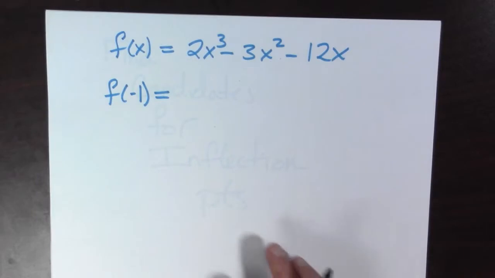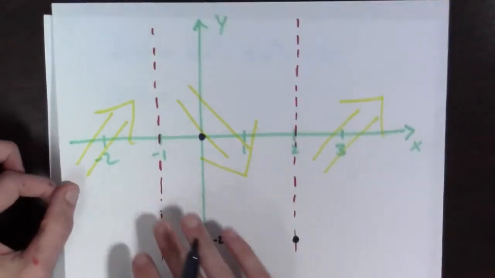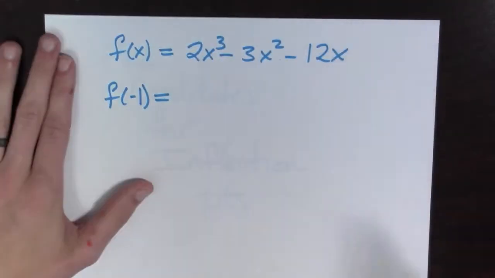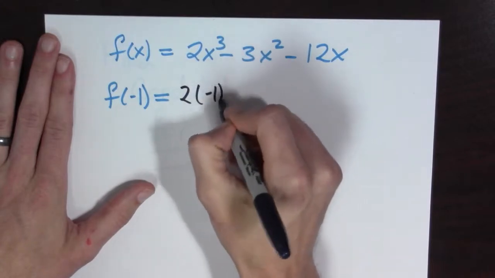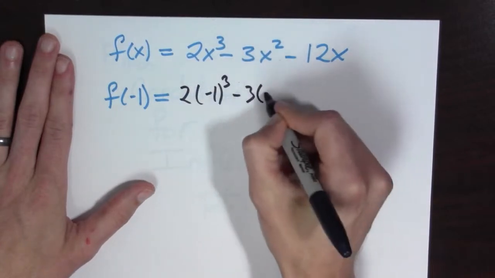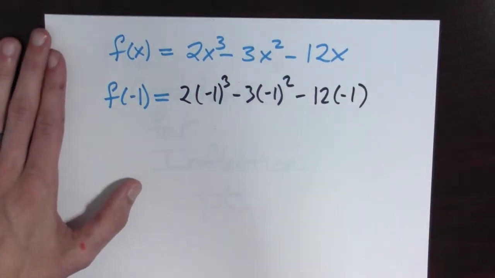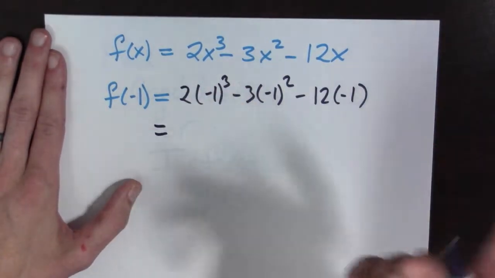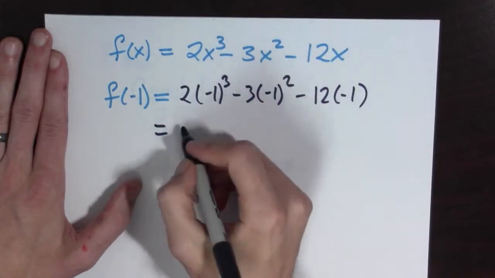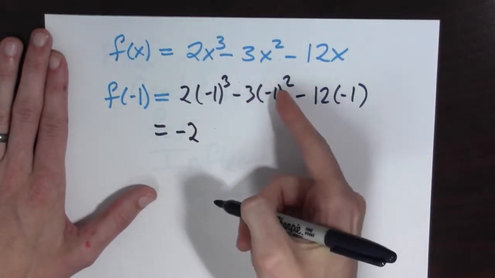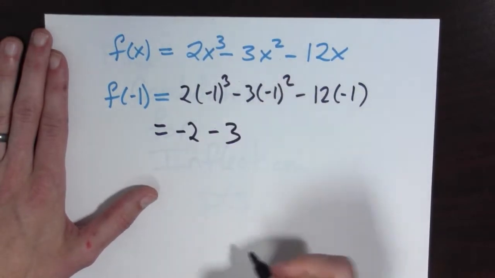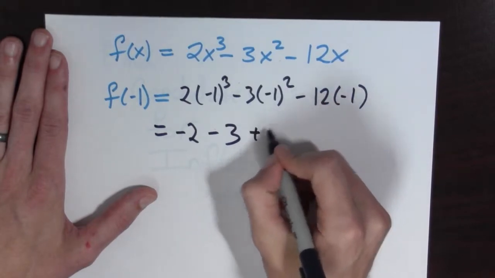And let's see what's going on here. Aha, this is the other critical point, negative 1. So f of negative 1 is 2 times negative 1 cubed minus 3 times negative 1 squared minus 12 times negative 1. Negative 1 cubed is just negative 1, times 2 is negative 2, minus 3 here, and then this is going to be plus 12.